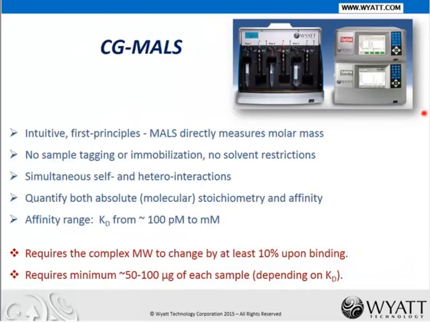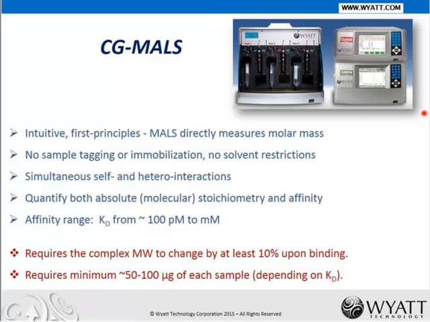Comparing to other techniques used to quantify protein interactions, CG-MALS has several advantages. The results from CG-MALS are more intuitive because it's directly associated with molecular weights that are measured from MALS based on first principles.